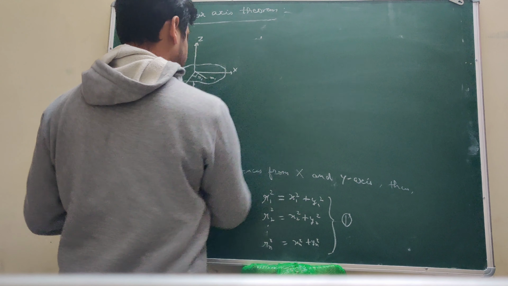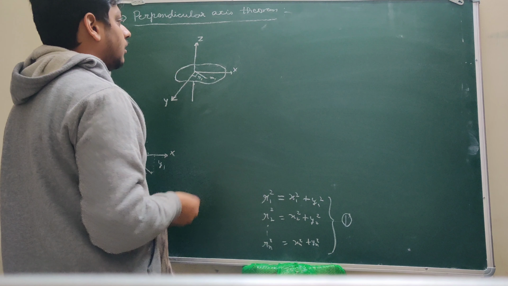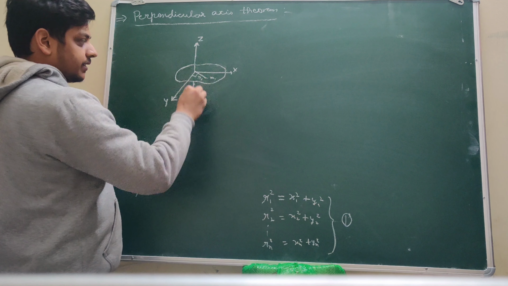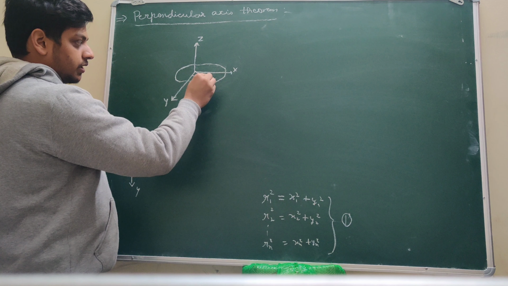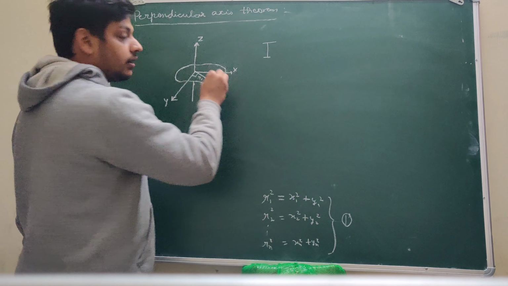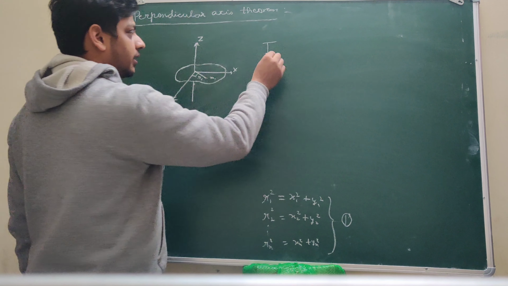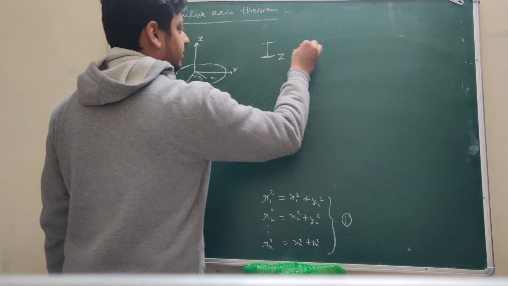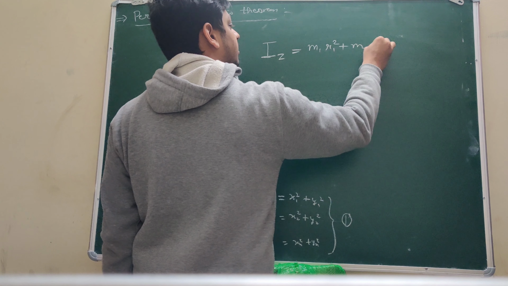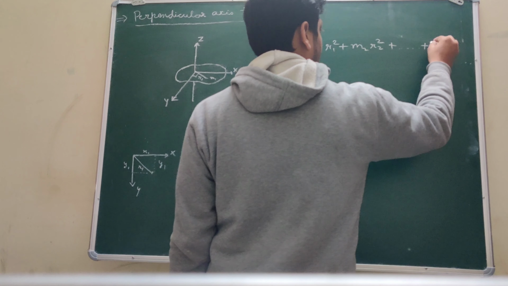Now what we'll do next is, for each particle, the moment of inertia about z-axis of this lamina, for each particle, the moment of inertia about this axis can be written as m1 r1 square, and for all the particles or whole lamina, we can write moment of inertia along z-axis Iz is m1 r1 square plus m2 r2 square, summation of moment of inertia for all the particles.